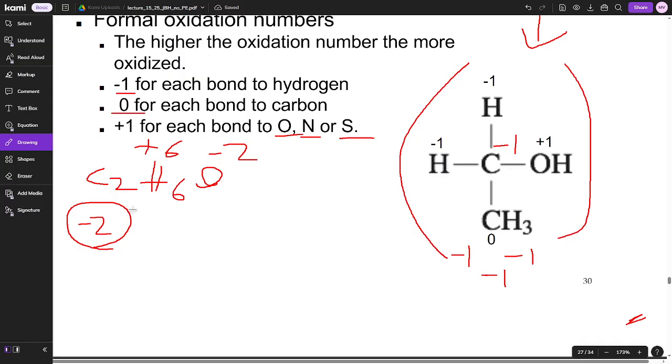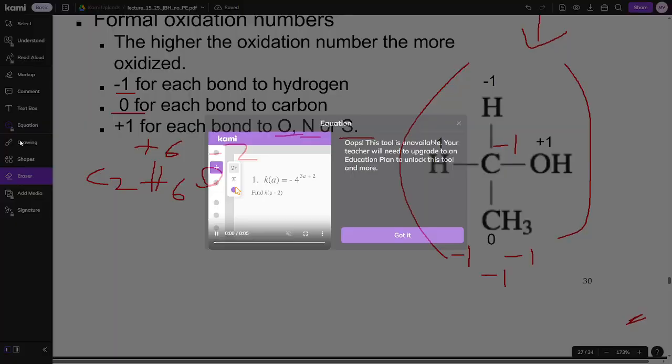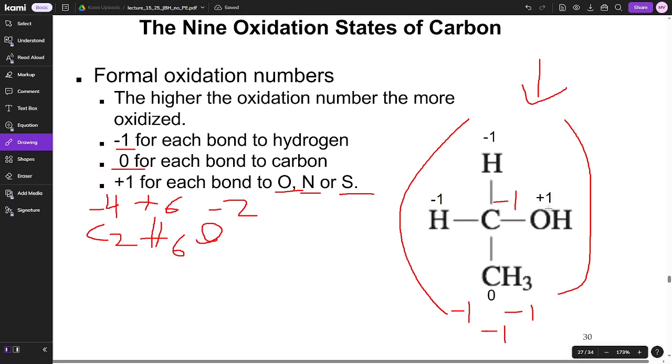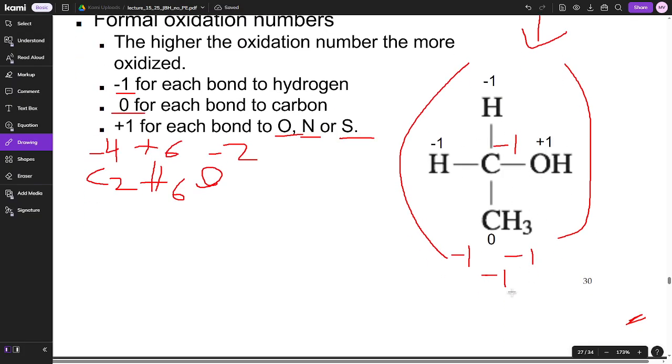But this isn't super accurate because what this is doing is giving you the average, which isn't actually what's happening here. That's why I said this is better if you're looking at individual atoms. All of these added together is -4, but this carbon here has a much lower, more negative oxidation number compared to this carbon here.